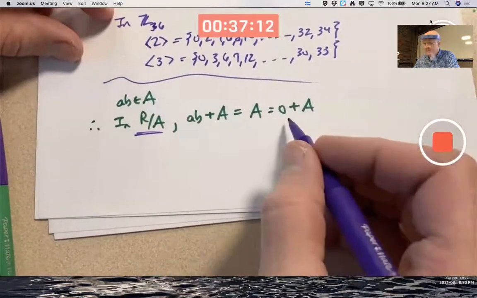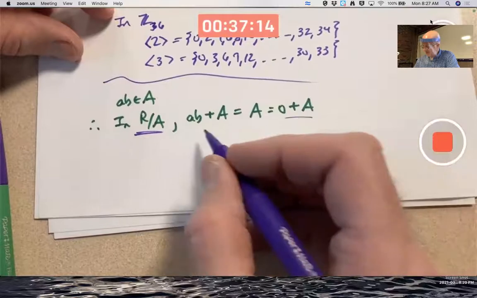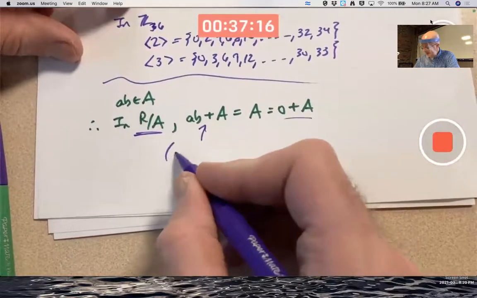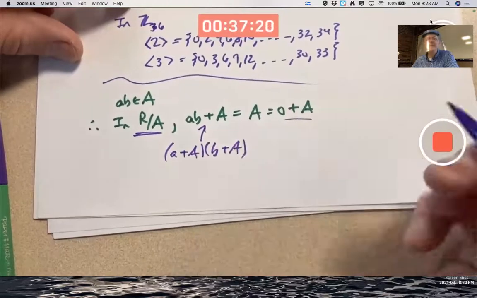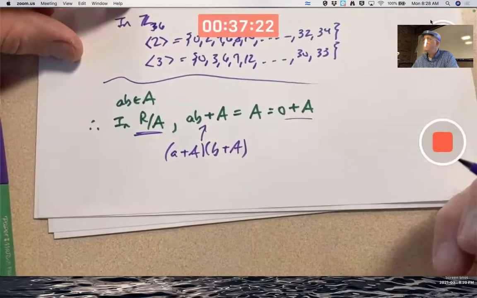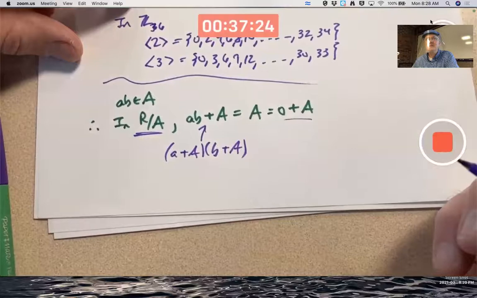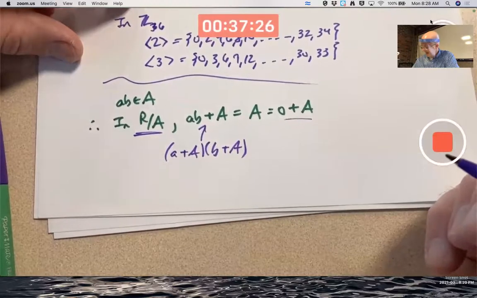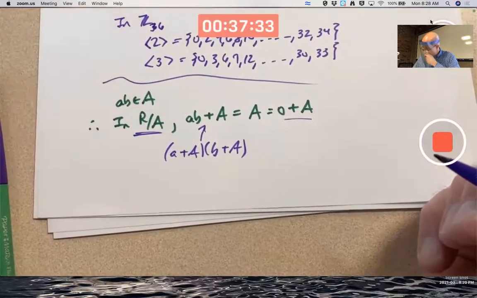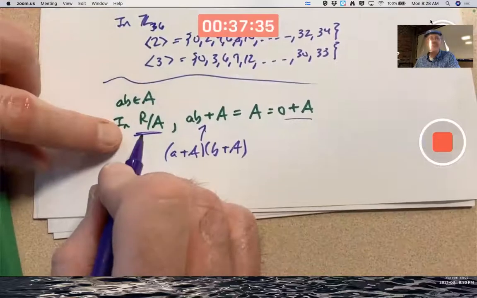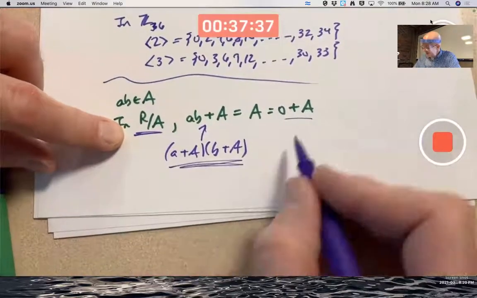I've got a product equaling zero. Although maybe I need to think about this thing like this, as the product of these left cosets, which it is by definition of coset multiplication. And now it's set up to work. Why? I'm assuming, again, this is an integral domain, and I've got the product of two things equaling the zero coset.